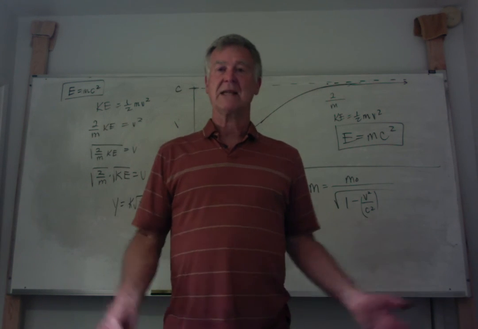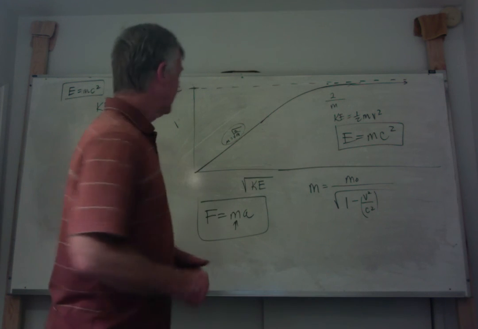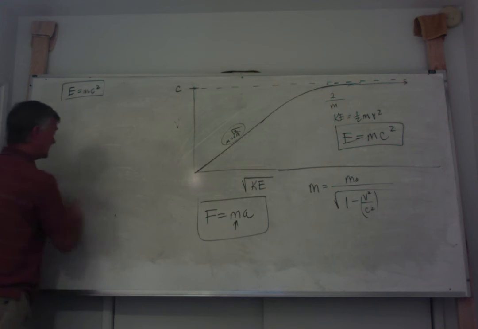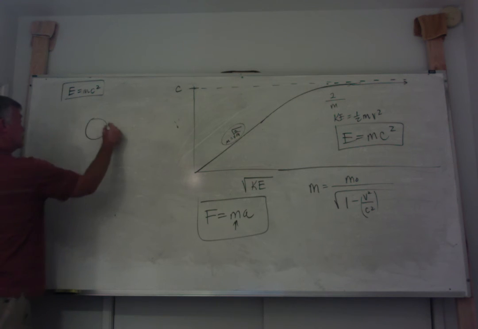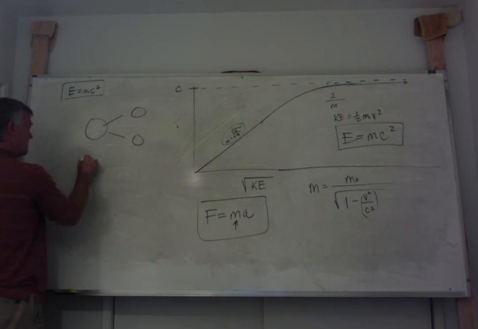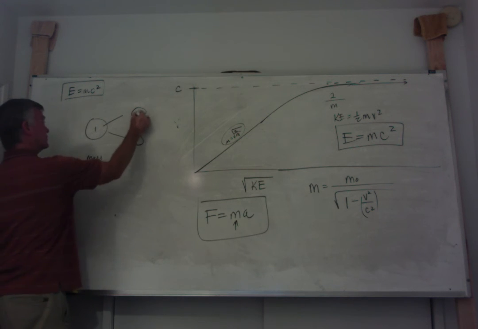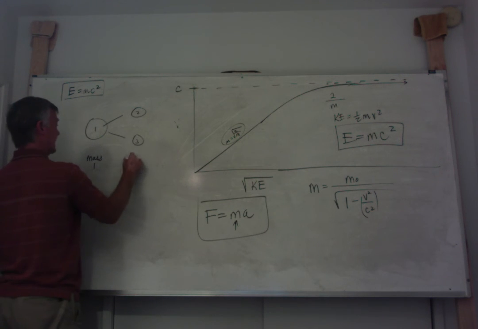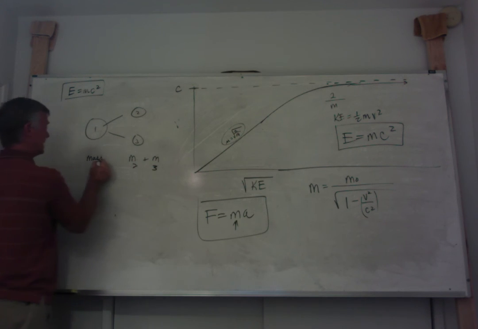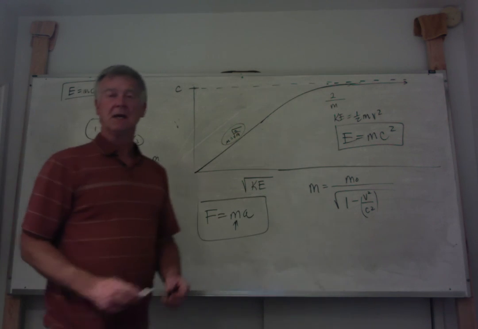And by the way, that's exactly what happens in a nuclear reaction. If you take a uranium atom and you split it into two smaller pieces, and you add up the masses, we'll call this nucleus 1, and these 2 and 3, you add the mass of 2 plus the mass of 3, the mass of 1 will be greater than the mass of 2 and the mass of 3.